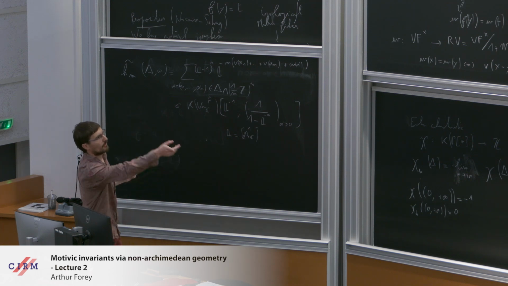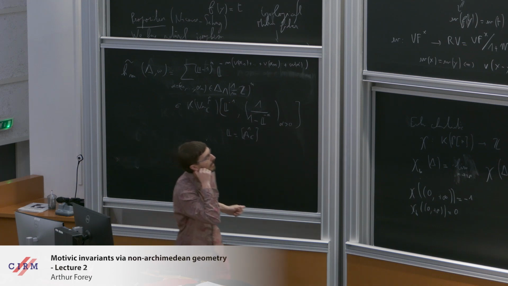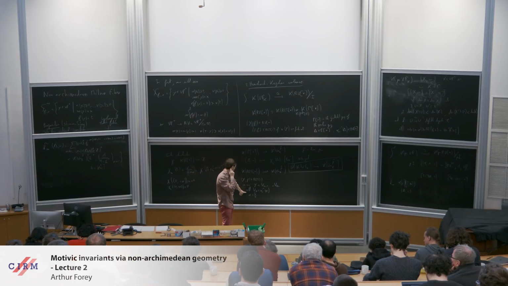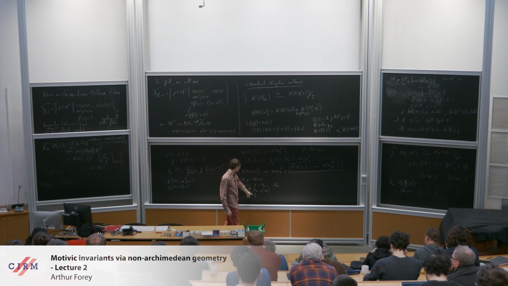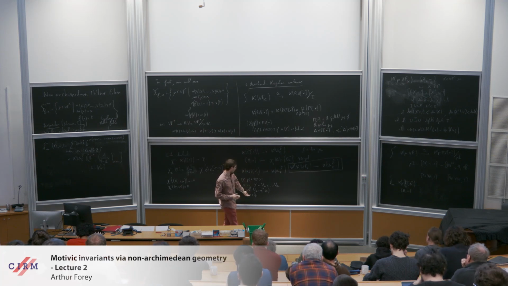And for the rest part, then it's easy. I also look at the valuation of my points, and if the valuation is divisible by n, I take the class, normalized by L to the minus dimension. If not, I define 0.